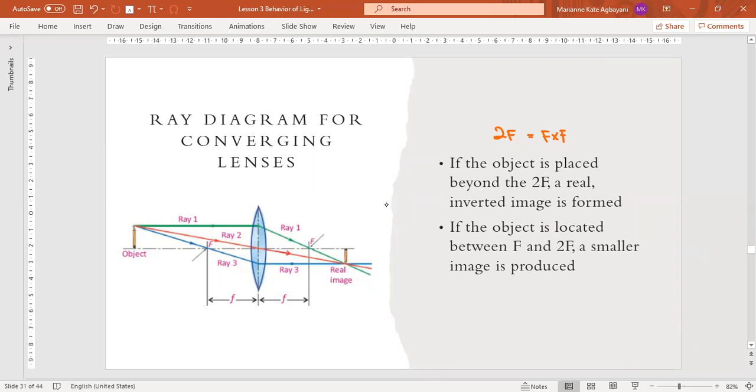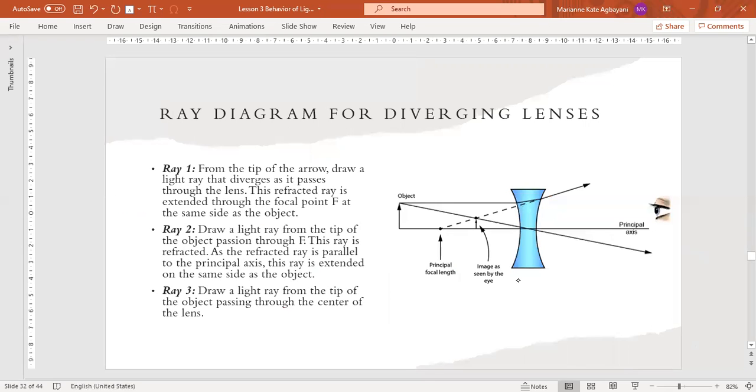So if it is at f, and assuming this is 2f, and the image is here, then it will create a smaller image. If the object is beyond 2f, that is a real inverted image.